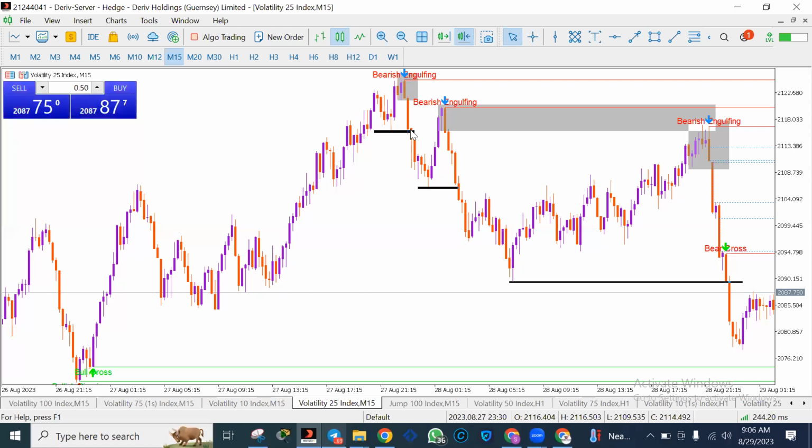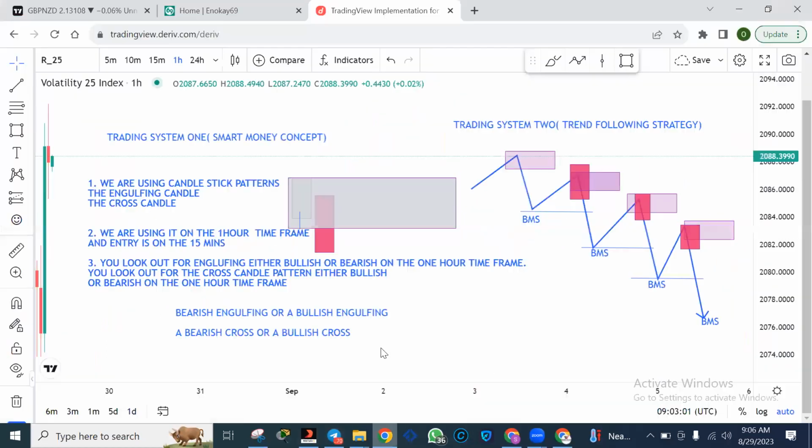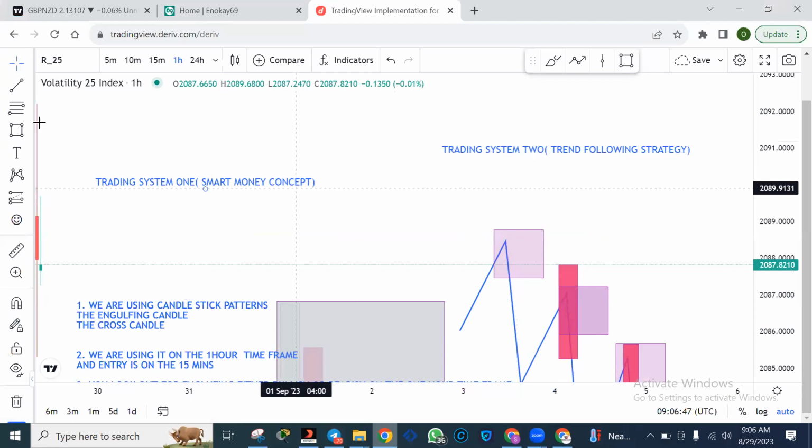So as simple as candlestick patterns may seem, when it comes to smart money concepts, the engulfing holds so much value. Now, why is the engulfing really, really important? Because engulfing carries what we call momentum. In trading, momentum is important.